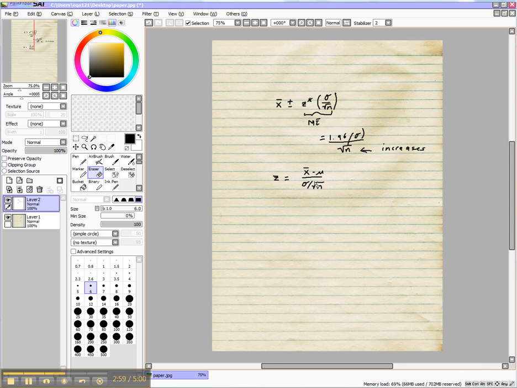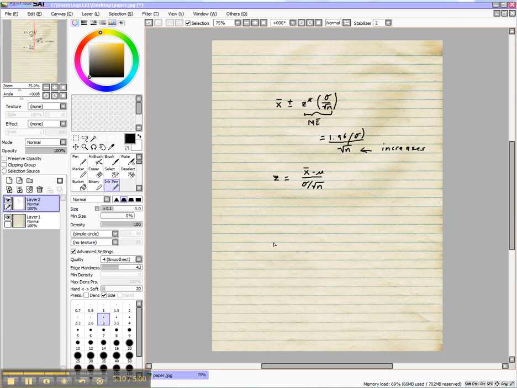Let me just write down the denominator part. Sorry, so sigma divided by the square root of n. So this goes up, so the whole thing becomes smaller, right? Because you're divided by a bigger number.